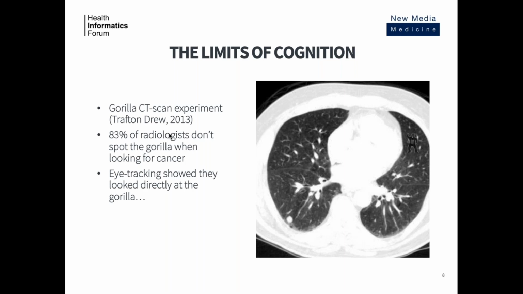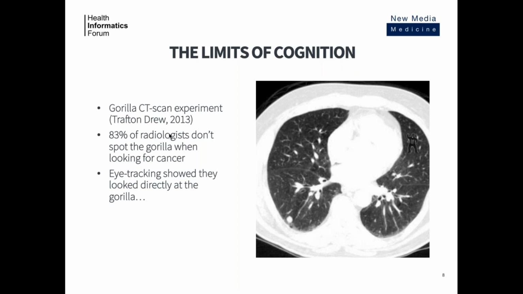One of the ways you can demonstrate this is through experiments where you try and test what the limits are of people's cognition. One of these experiments was done with radiology CT scans.